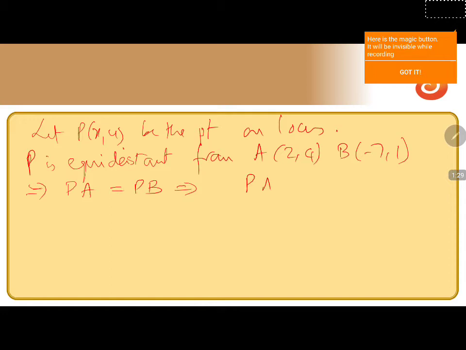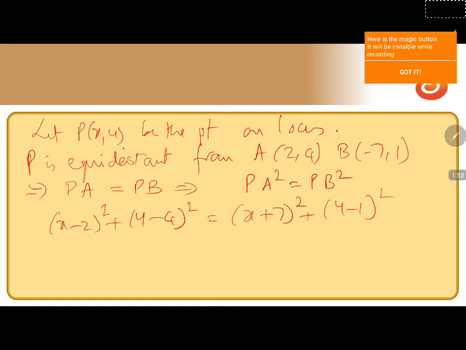This implies PA square is equal to PB square. Apply the distance formula here. (x minus 2) whole square plus (y minus 4) whole square is equal to (x minus of minus 7, x plus 7) whole square plus (y minus 1) whole square.